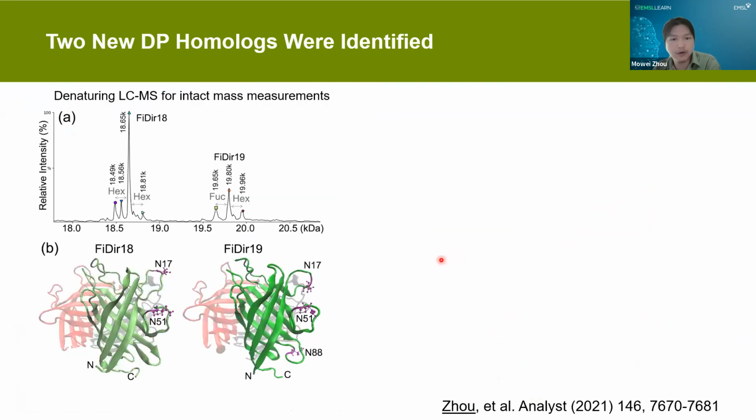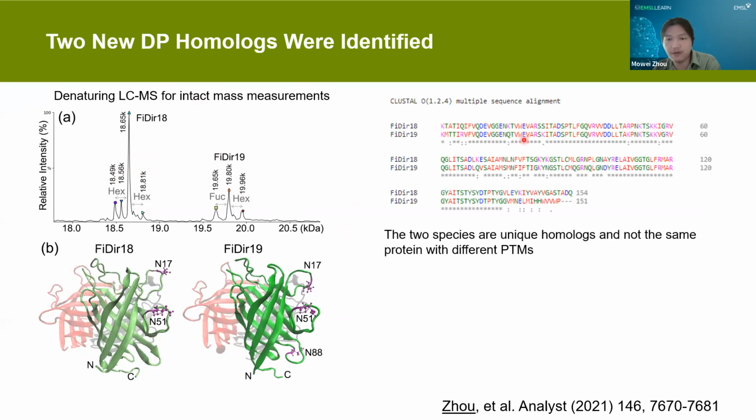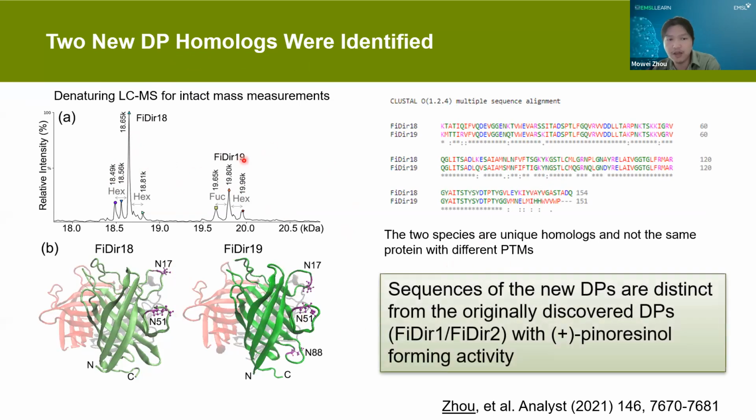I will be quick on this. There was a serendipitous discovery of 2 new different homologs we didn't expect. This is just the intact mass in denaturing CMS. We see those 2 proteins, and they have different sequences from what's previously known. One of them has 2 N-glycans, the other has 3 N-glycans. And this different protein family forms homotrimers.